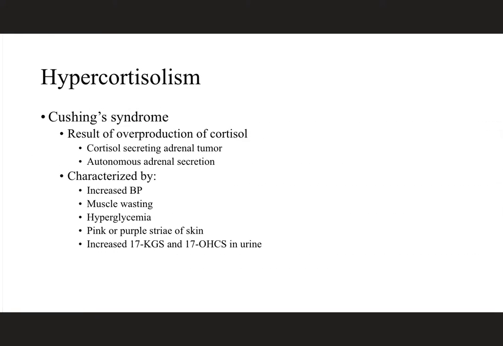Okay, so what happens when you have too much cortisol? You have too much of that stress hormone. This is something we call hypercortisolism. Usually with hypercortisolism, we see things like obesity or some sort of hypersensitivity.